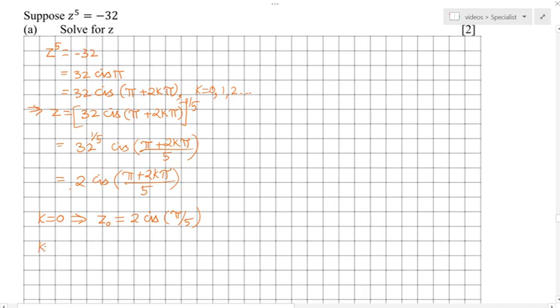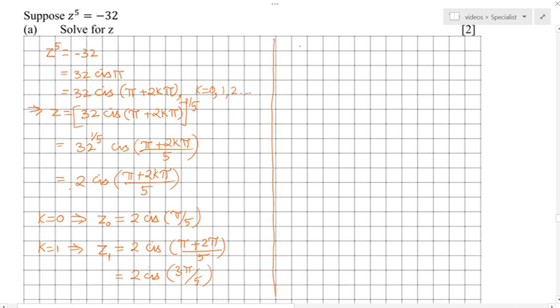Then k equals 1 will give you z1, which becomes 2 cis of (pi plus 2 pi) over 5, or 2 cis 3 pi over 5.